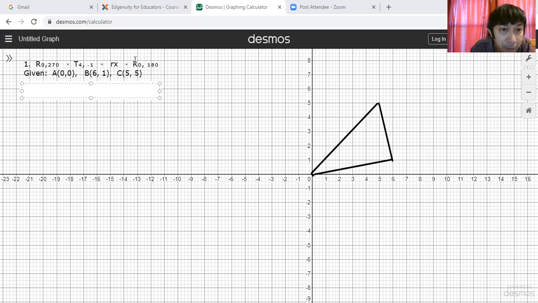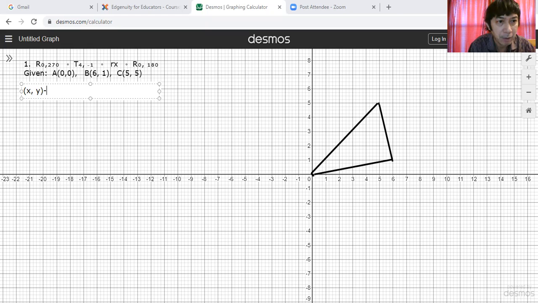All right, so we can actually start with the first. So over here, that is rotation. All right, so we will get the points first. Let's start with A, and then this is 0, 0. And there's a rule here. So before anything else, let's get the rule first. So this is x and y.